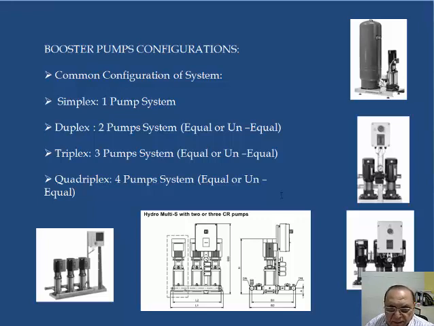There are different practices that are followed. Many of the engineers go for the equal one with the sequencing of the pumps running, so the pumps' wear and tear will be equal.